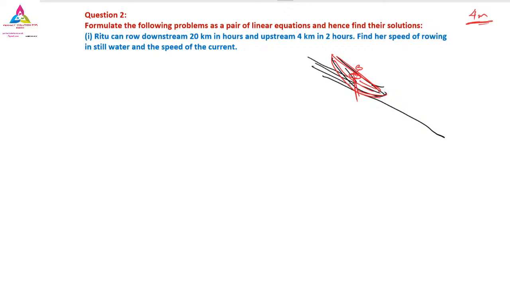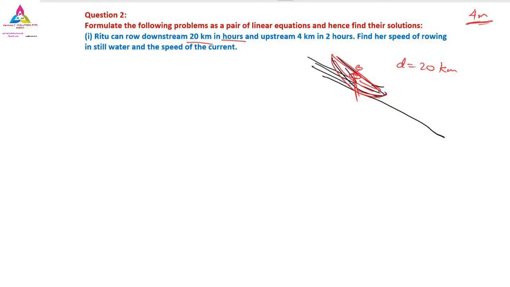Okay, now she is going downstream for 20 kilometers. So here the distance is 20 kilometers. In how many hours? Okay, how many hours she will take? That is only 1 hour. Okay, 2 hours, sorry, it is 2 hours.